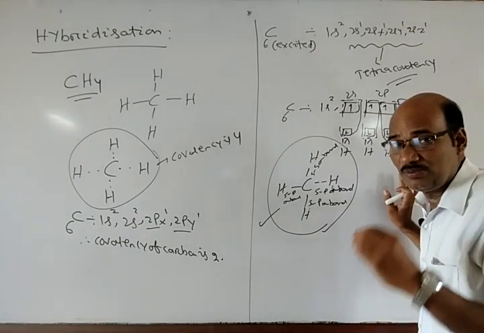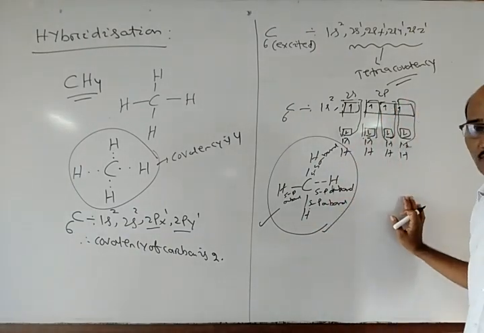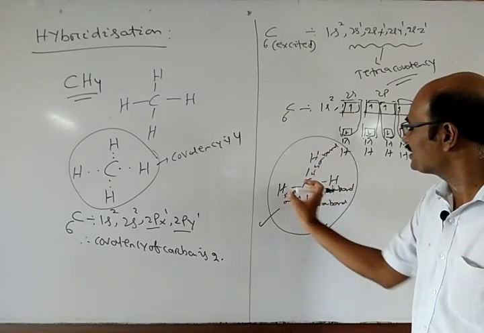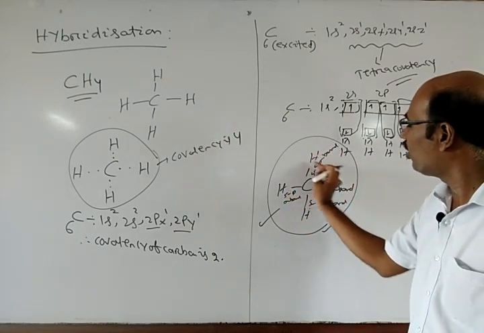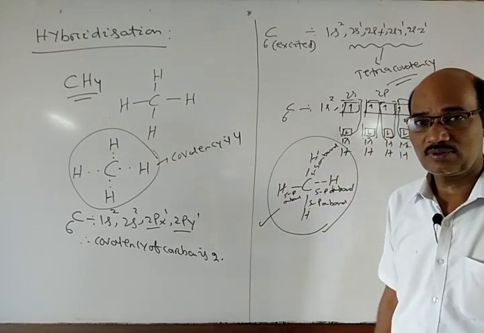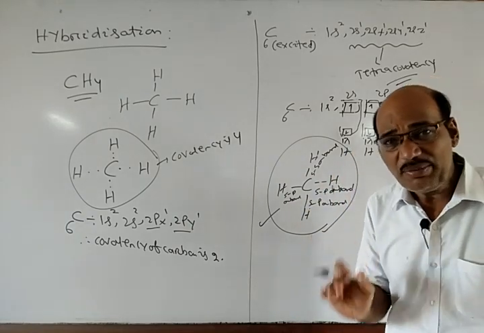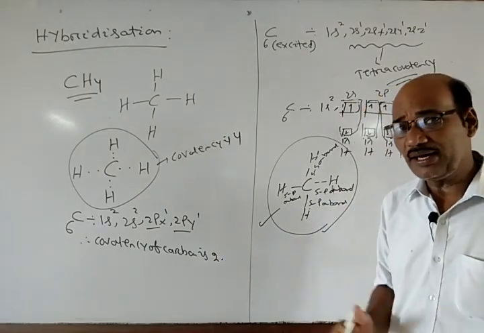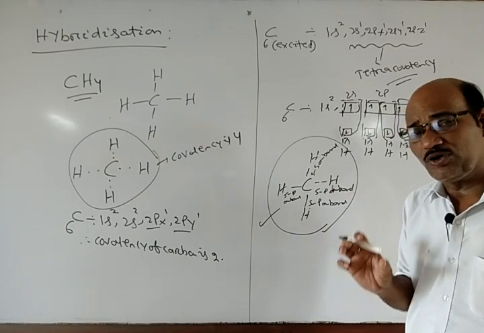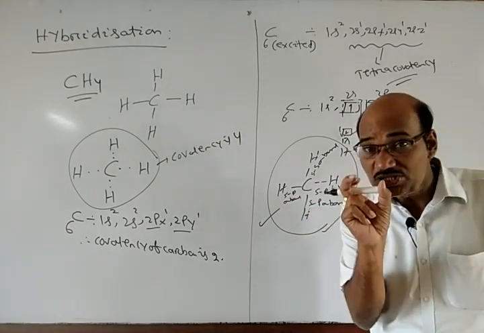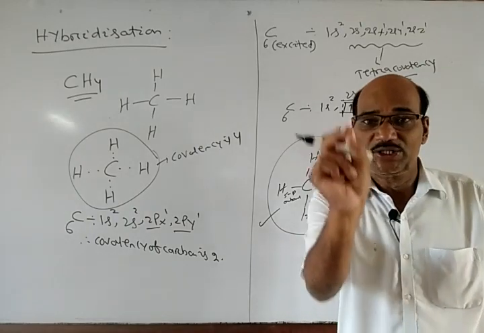There must be something other. There may be some other process that has given the same kind of orbitals to these bonds, and that process is called hybridization.